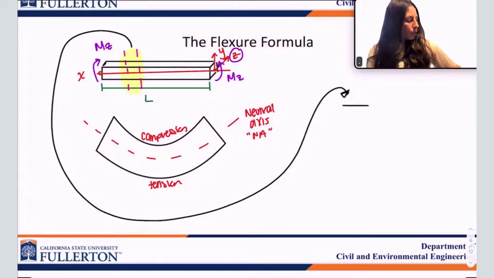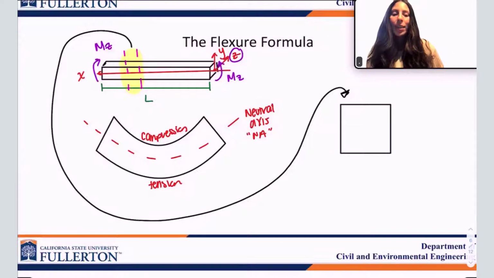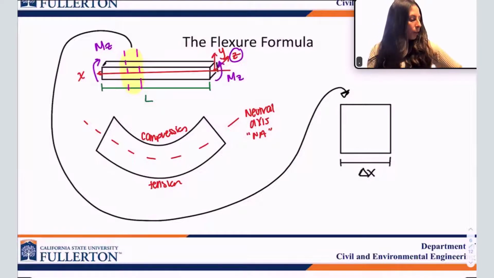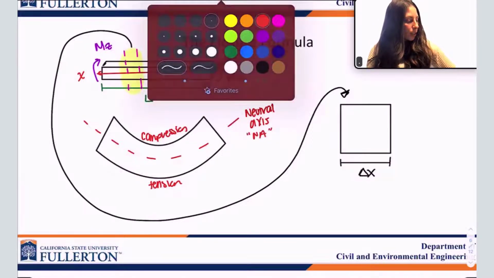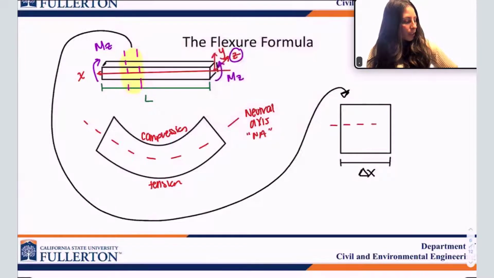Okay. So let's say we have a cut. I'm going to show you the face of that here. And let's say that the length of this cut is some tiny length, delta x. We know we have the neutral axis in the middle there. Let's say this is the NA.